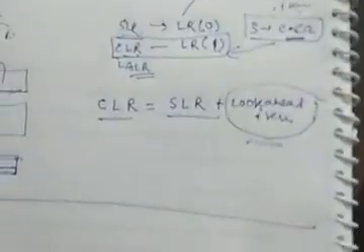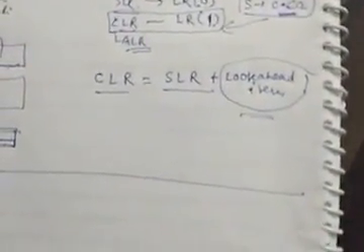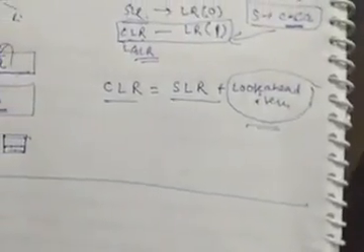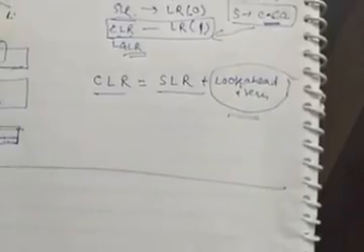So for all LR(k) parsers, whether it is SLR parser, CLR parser or LALR parser, all parsers have the same type of parsing table. It has 4 actions: shift, reduce, accept and error, and there are states and goto entries.